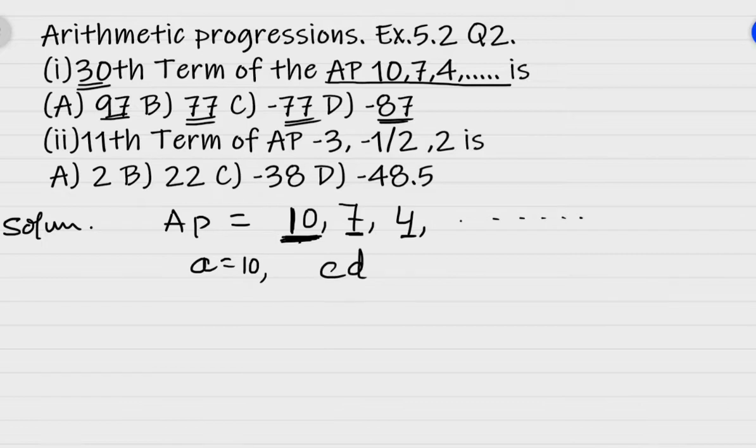Your common difference will be equal to 4 minus 7 or 7 minus 10. Whatever way you want to find, in any way you'll get minus 3. See, 4 minus 7 is also minus 3 and 7 minus 10 is also minus 3.